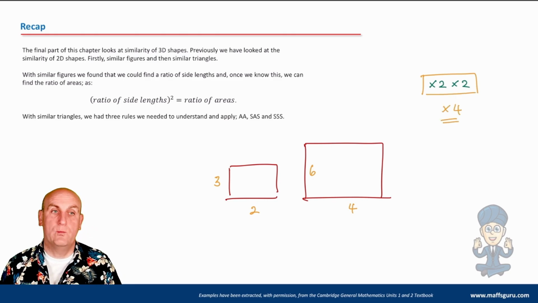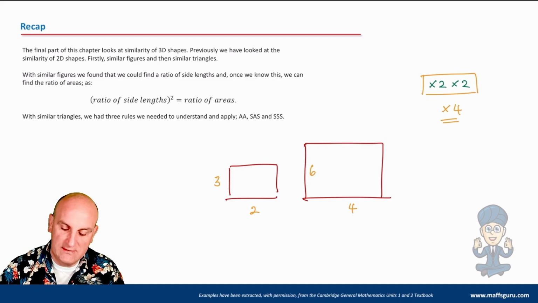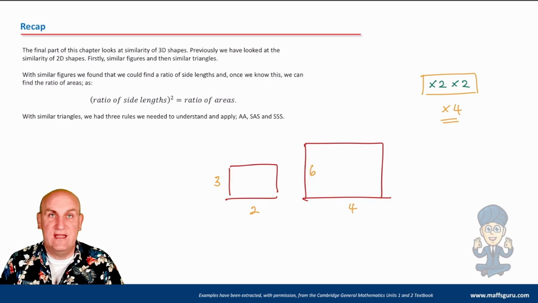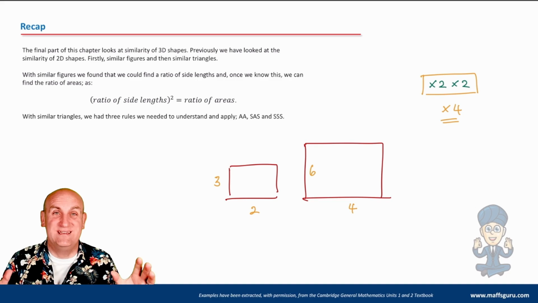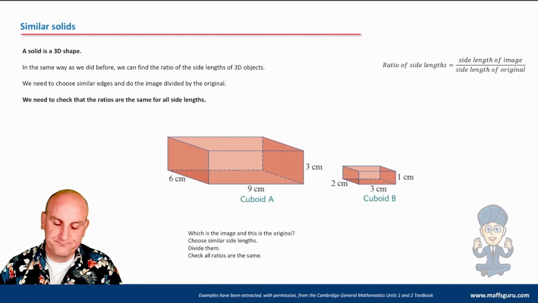And that's very much why we take the ratio of side lengths and square it. Because if I am making this 2 times bigger, making that 2 times bigger, my area has to get 4 times bigger because I'm effectively fitting 4 of those shapes in than what I had before.